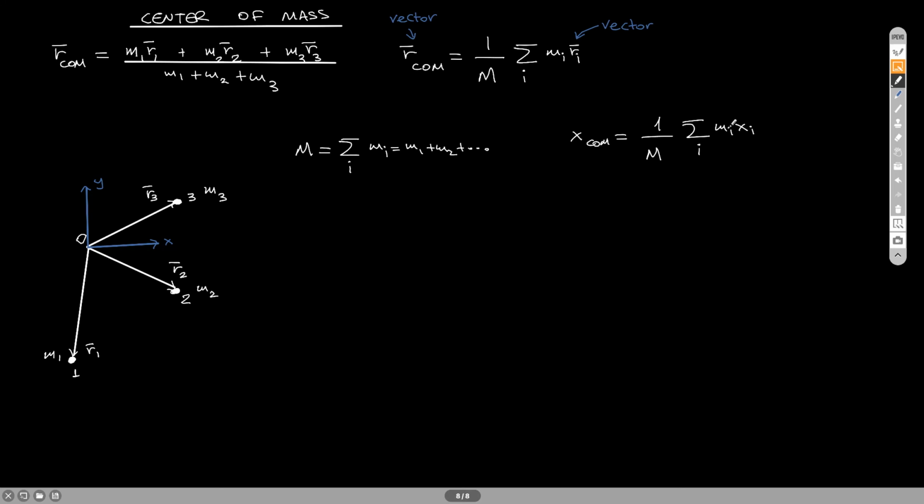See, so this is not a vector equation anymore. This is just about the x component. And you can say this will be 1 over the total mass, m1 x1 plus m2 x2, and so on.